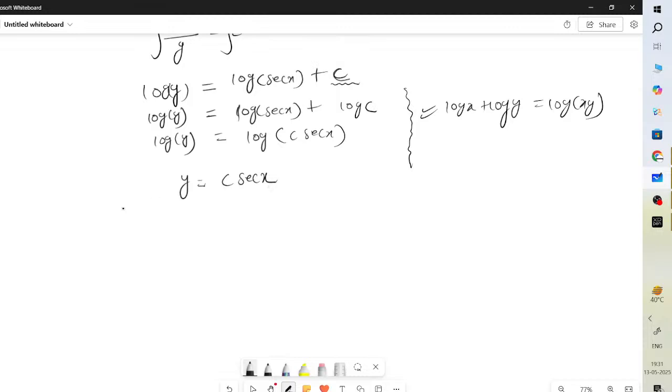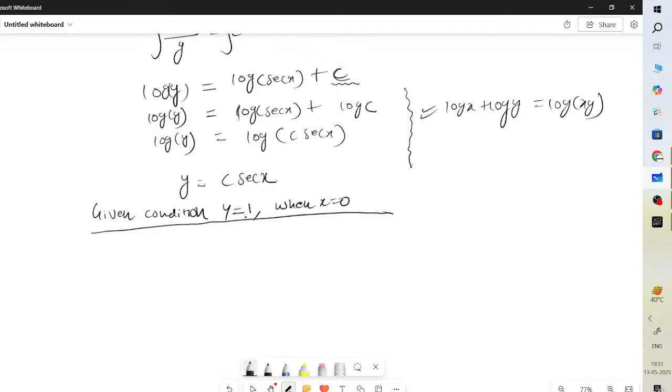Now we have the given condition. The given condition is we have to find the solution when y equals 1 and when x equals 0. Okay. So what we do?